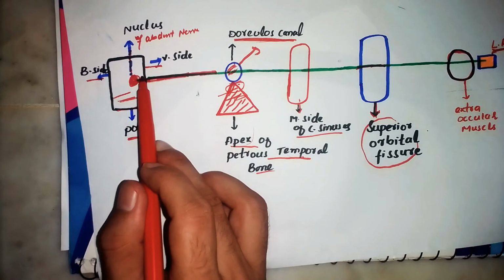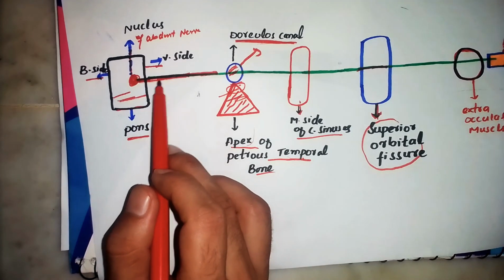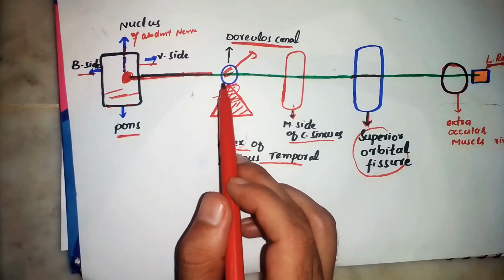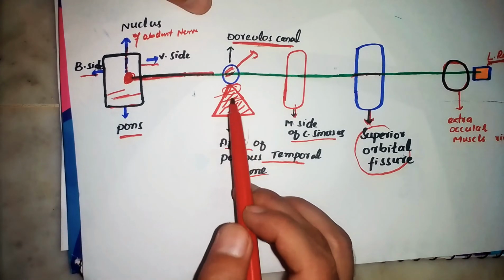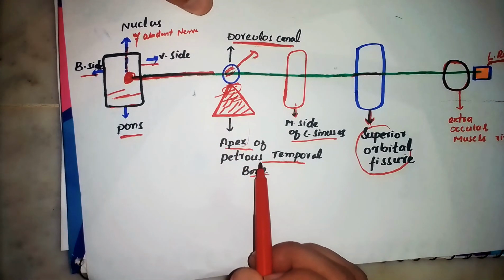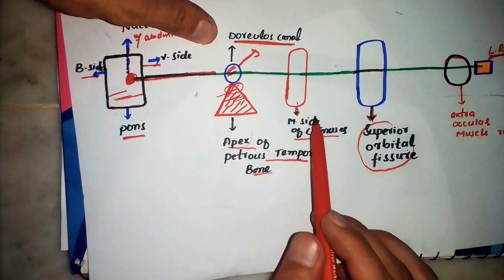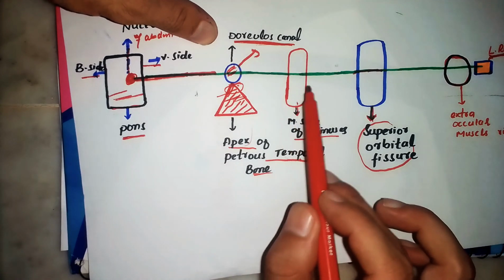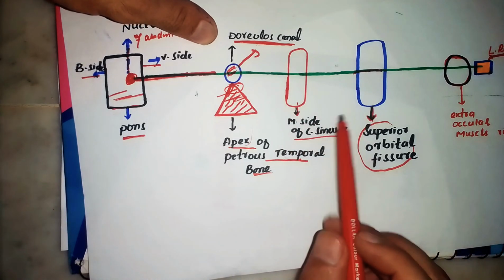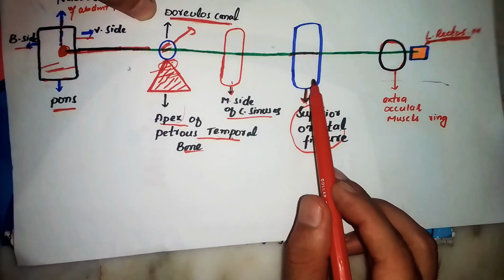Okay, now this is the nucleus of the abducent nerve, which is present in the pons. The axon of the abducent nerve arises from this nucleus and moves toward the ventral side, and after crossing, moves toward Dorello's canal, which is present on the apex of the petrous part of the temporal bone, and moves toward the cavernous sinus. It passes through the cavernous sinus on its medial side, not the lateral side, and crosses the superior orbital fissure on its middle side.